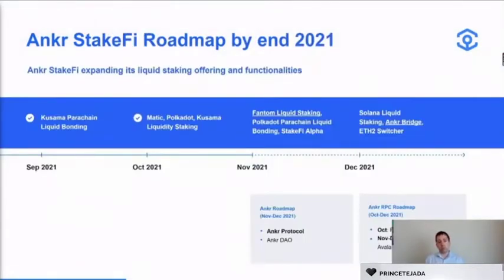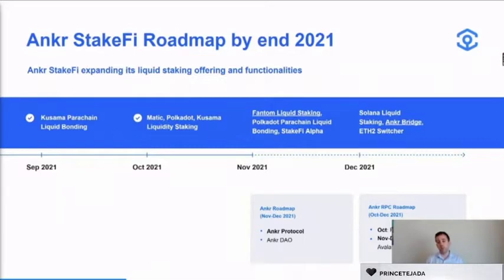The roadmap for this year: this month we released Polygon, Polkadot, and Kusama liquid staking tokens. Here is an exclusive announcement for the Fantom community. In November, we're going to launch a Fantom liquid staking token, so I hope you're excited about that.